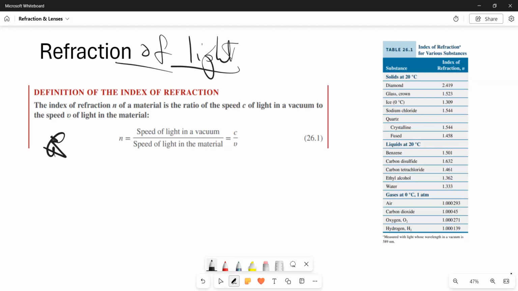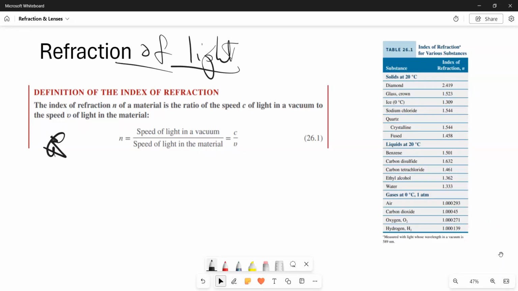Sometimes you can have light, let's say you have a body of water, light travels from the air to the water. You will have what we call the refractive index. Of course, we're talking about a vacuum here. That's really the reference. Speed of light in a vacuum as compared to the speed of light in other materials, given by that formula, c over v.